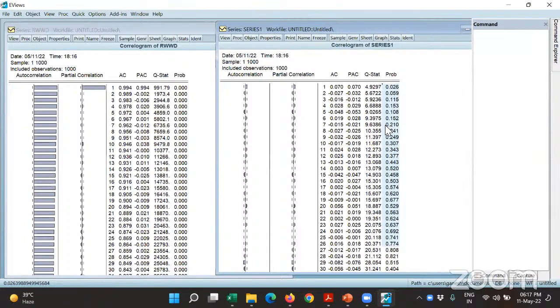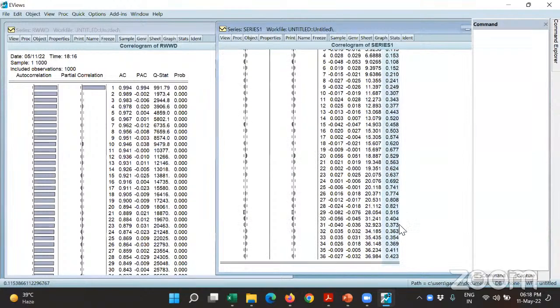If your series is stationary, you've drawn your sample from a stochastic process, a realization of a stochastic process, and that process is a stationary process, then you will find that the autocorrelations are all not significant.